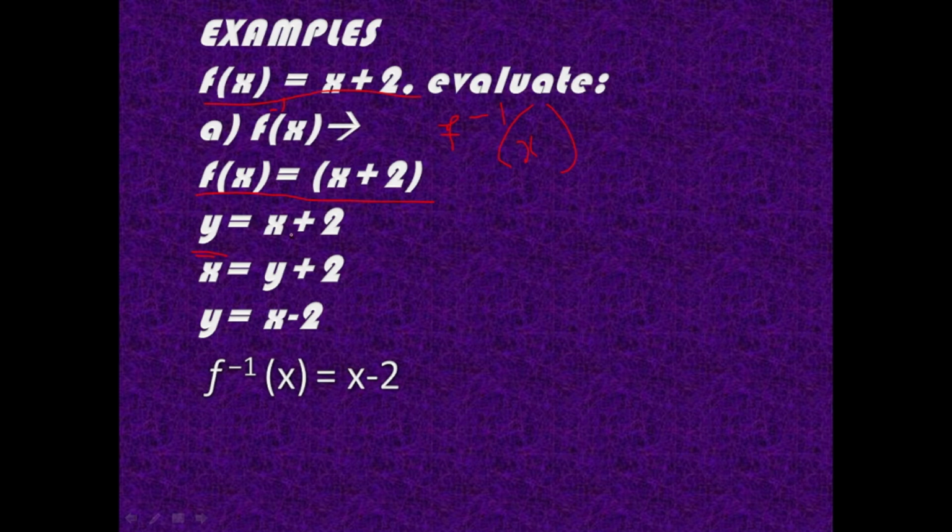So you replace that, then you get y is equal to x plus 2, and then you interchange the locations of x and y. So in place of y you have x and in place of x you have y. Alright, so x is equal to y plus 2. Now solve for y. So y is equal to x minus 2.